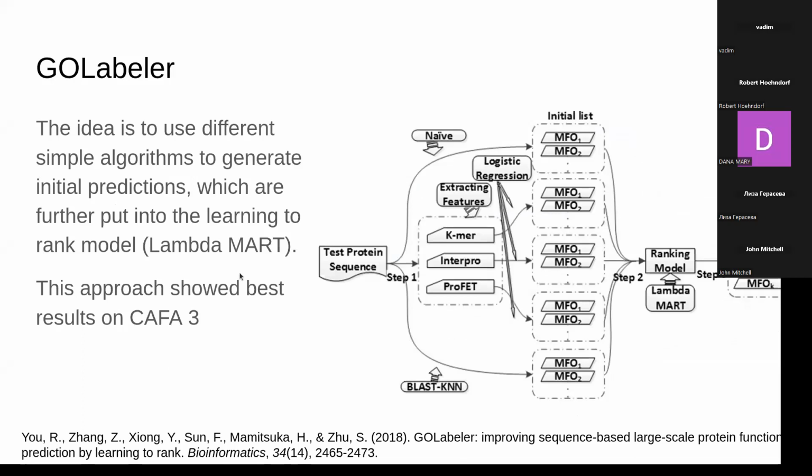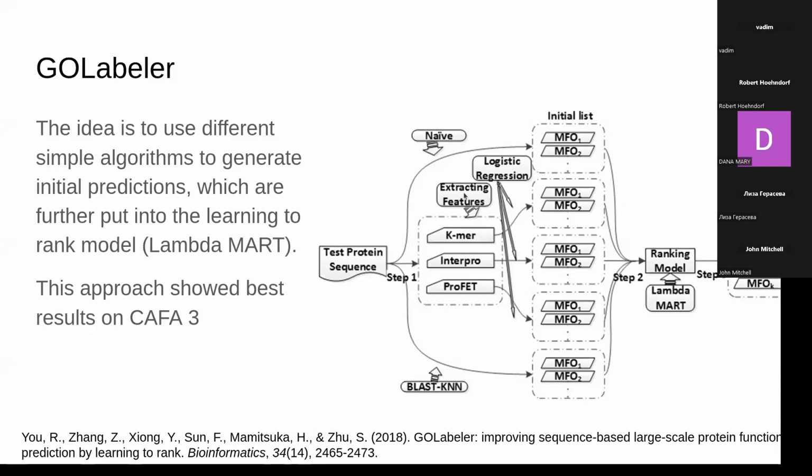What they do, they include rather simple methods, including logistic regression on InterPro, on ProFET, on k-mers. They include also BLAST KNN and a naive approach.